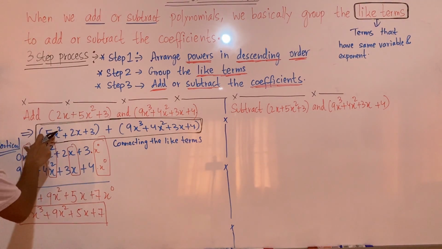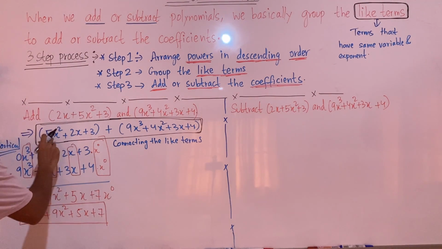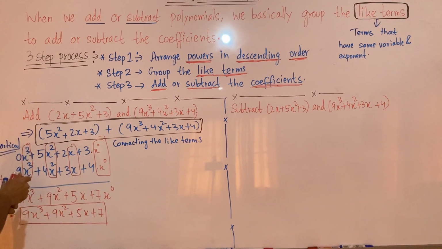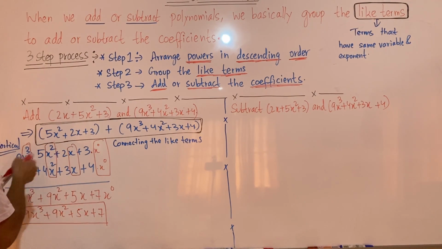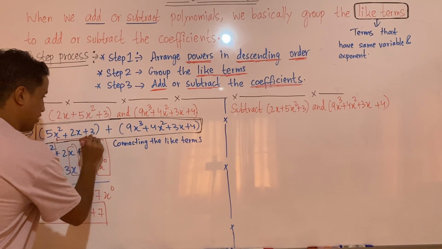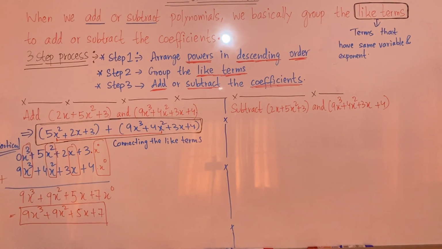Now see here, I have x squared, x raised to the exponent 2, so I will connect this term with the term that has the same variable and same exponent, right?